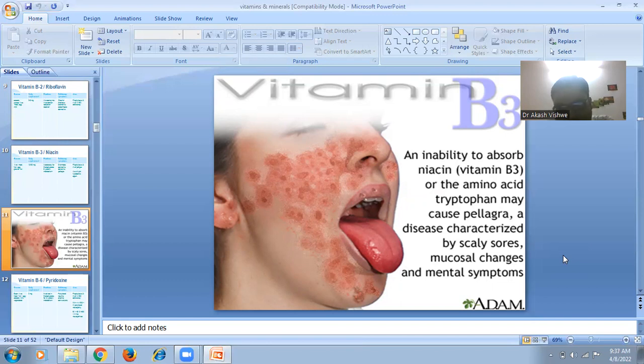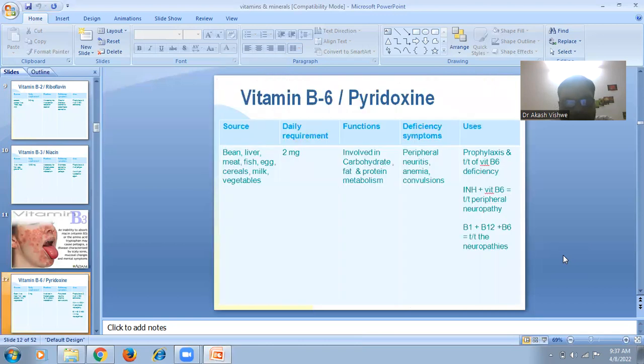It is an inability to absorb niacin or vitamin B3 or the amino acid tryptophan, which may cause pellagra, a disease characterized by scaly sores, mucosal changes, and mental symptoms in the patient. So this is a very essential vitamin which is required daily to prevent this condition, pellagra.